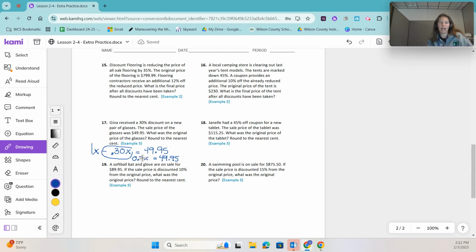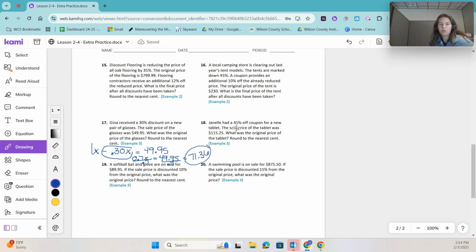Now I am going to divide by 0.7 in order to figure out my original price. So I did $49.95 divided by that 0.7 in order to solve for X. That told me X was $71.36. So that's the original price there.